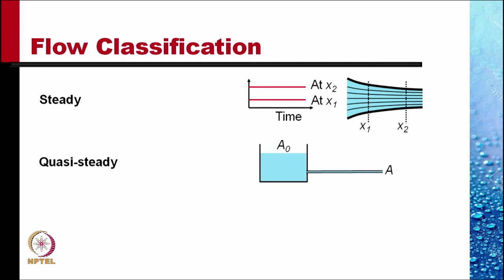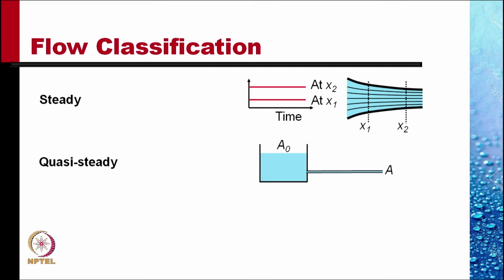In this flow from a large reservoir through a small bored tube of long length, the level of the fluid in the reservoir would change very slowly, so that the velocity of the flow or the flow rate through the tube of area A is going to vary very slowly. And so at a given time, this can be treated as a steady flow.